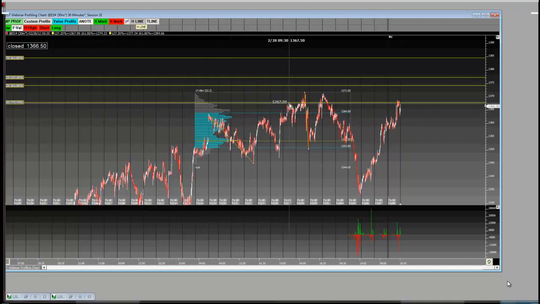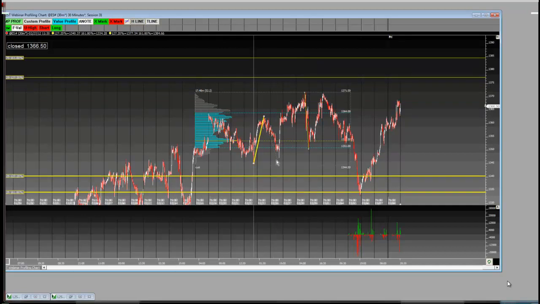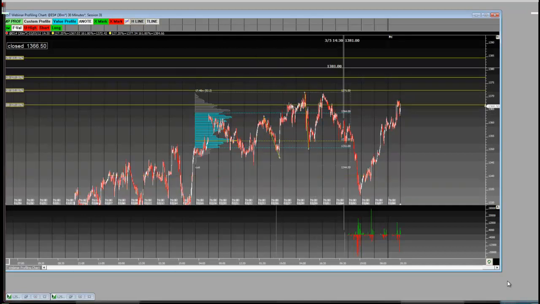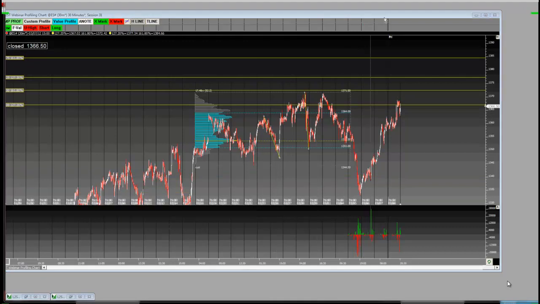Okay, so we can see the 1272 extension there, and very close to that 161 extension there. I think I adjusted this at that point in time to this high to low here, and you can see what happened is we tested the 1272 extension on that side, traded in, then we got to the 161 extension and traded in. We got all the way to the other side of value, pushed back up again. Right?